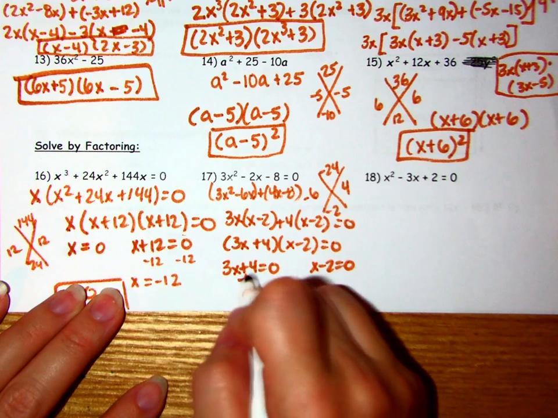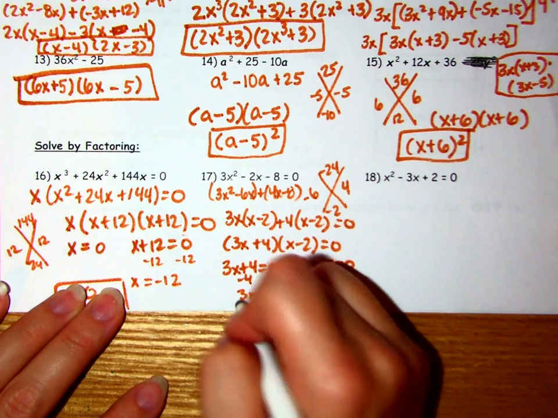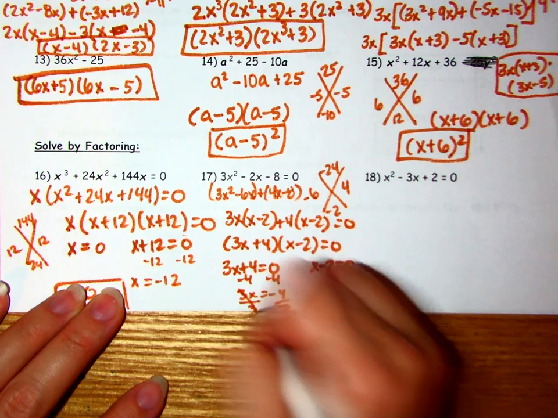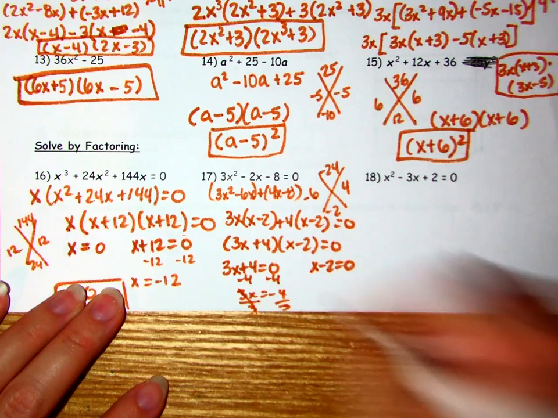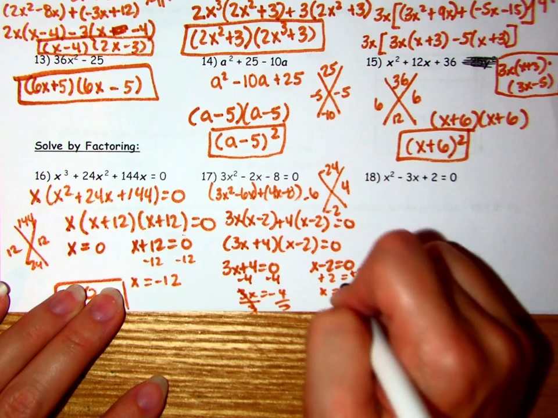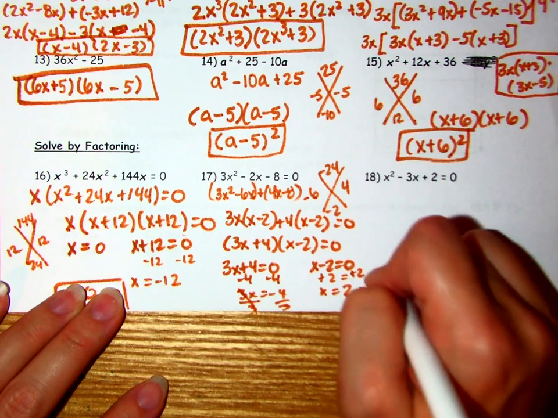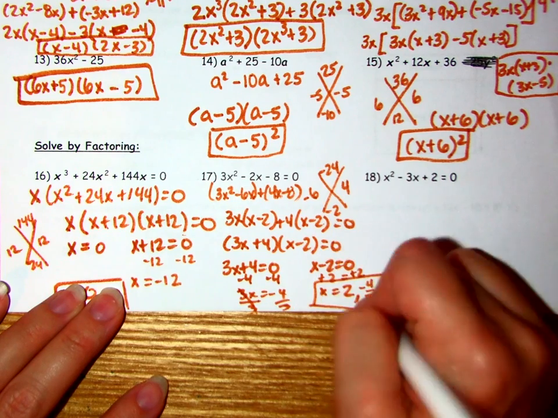So if I subtract 4 from both sides, I get that 3x equals negative 4. Divide both sides by 3, and x is going to be negative 4/3. If I add 2 to both sides here, then I get that x is equal to 2. So we know x is 2 and x is negative 4/3 to be the two answers for this problem.